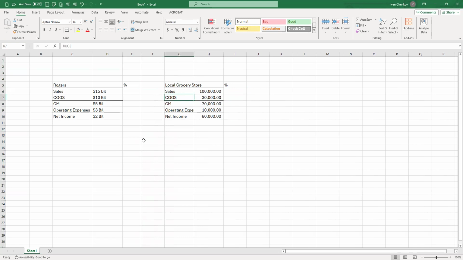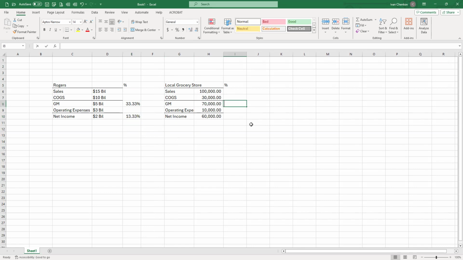Our gross margin here is 5 divided by 15, which is 33% as a percentage. And here, our operating income is going to be 2 divided by 15, which will be 13%.